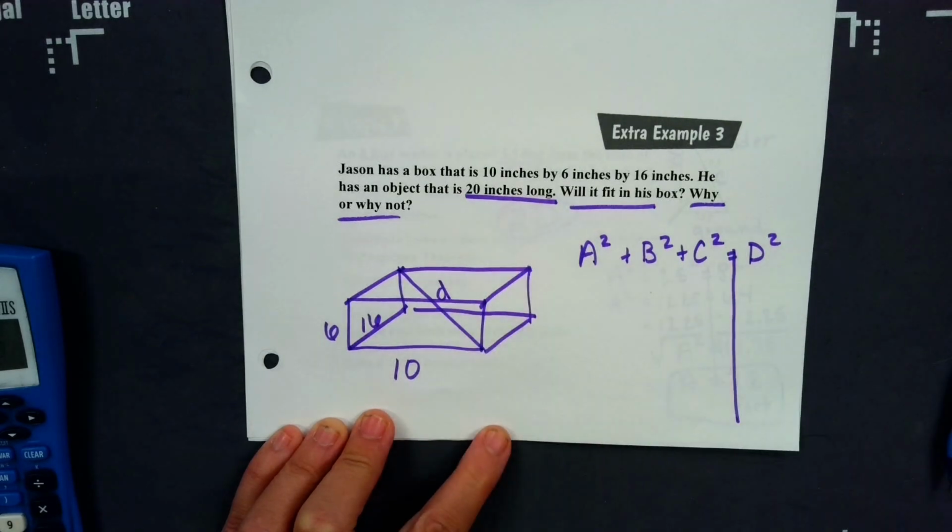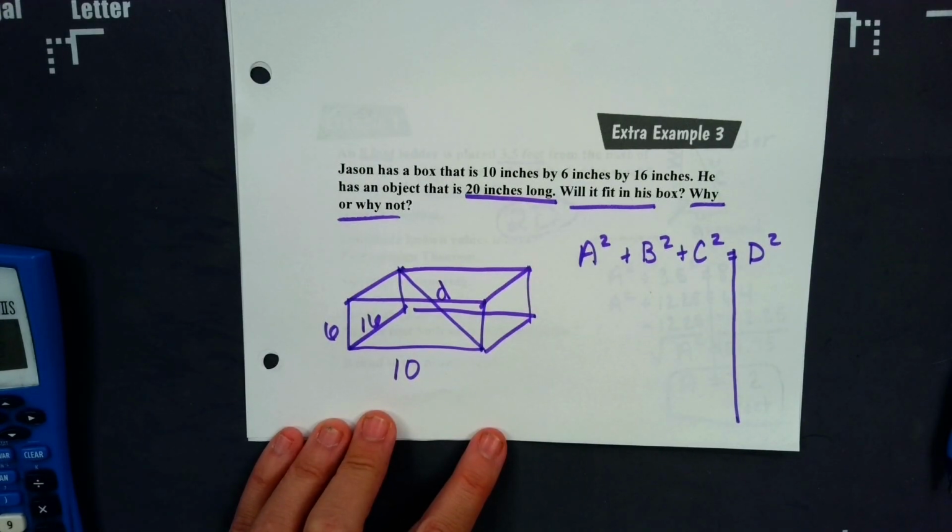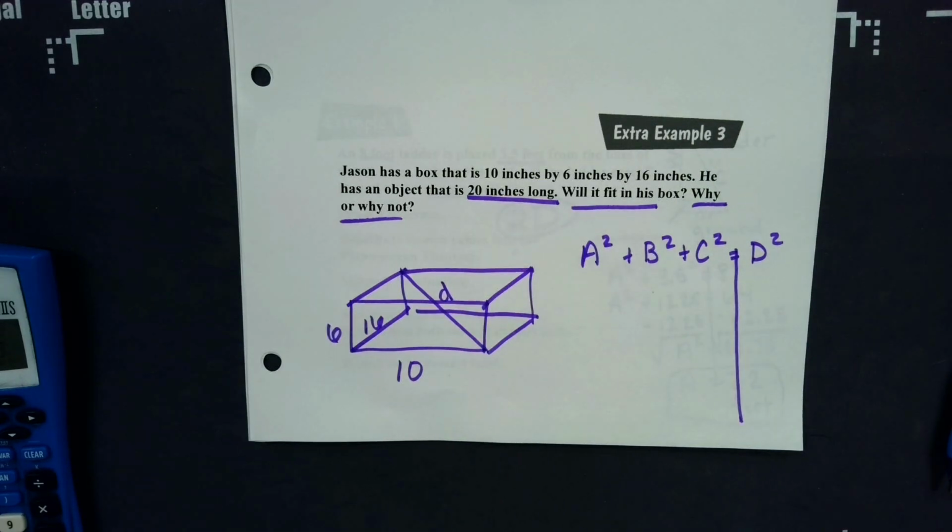Tell me, will that object fit in that box? So actually try it. It doesn't matter which one's A, B, or C. You could do 16 squared plus 6 squared plus 10 squared, or any order you want.